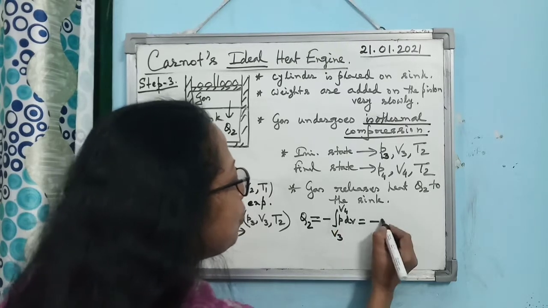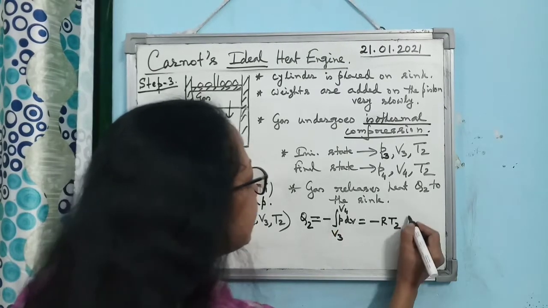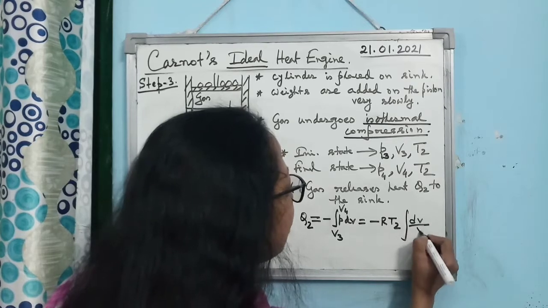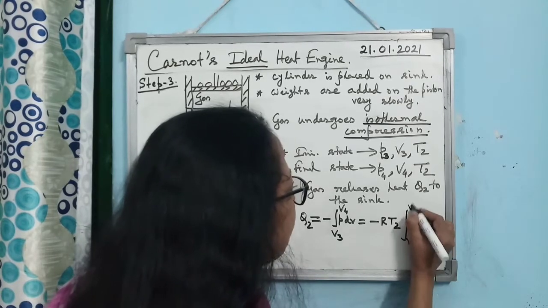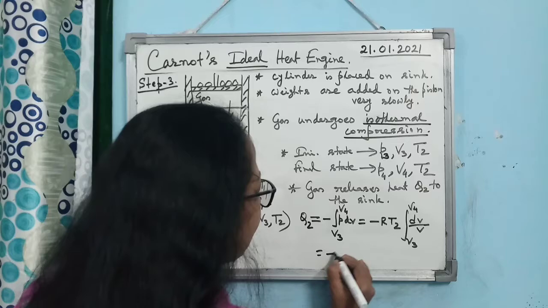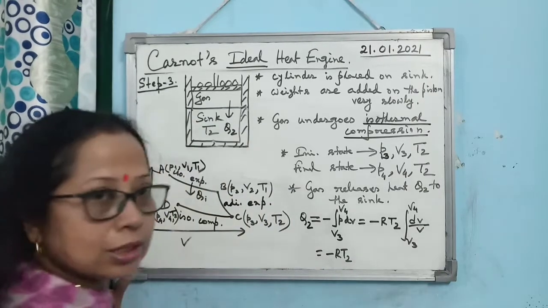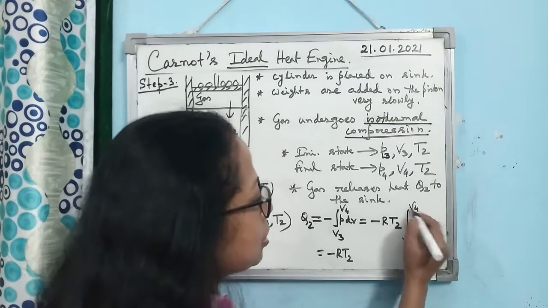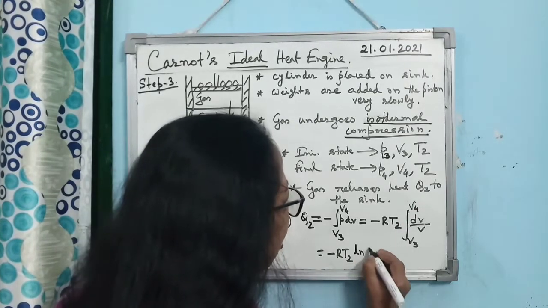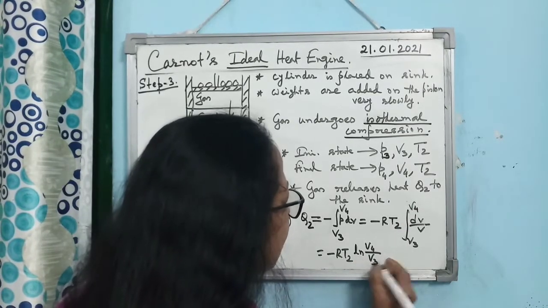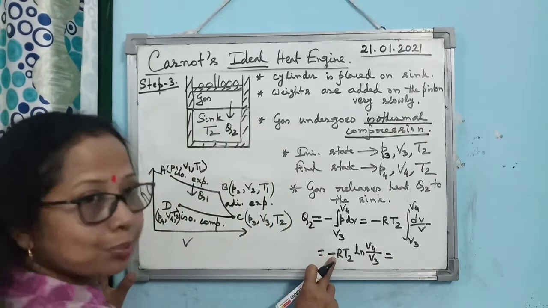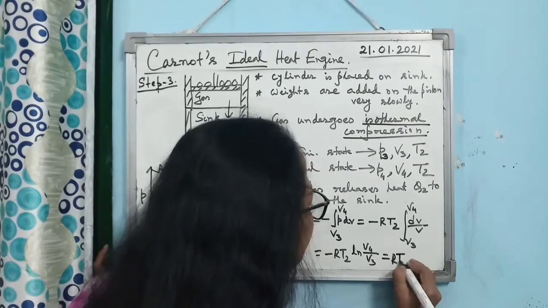Again, in place of PdV, you can write RT2 dV by V, from V3 to V4. So you are getting RT2 log V, and if you substitute this, it will come as log V4 by V3. But due to this negative sign, what will it become?